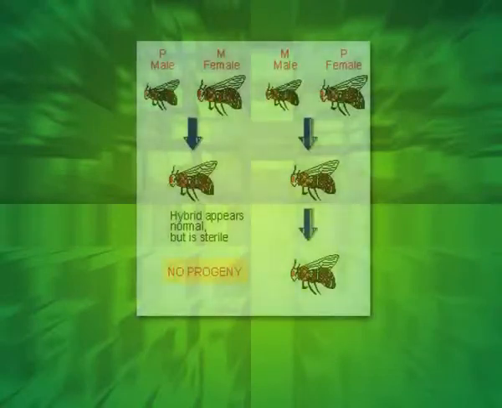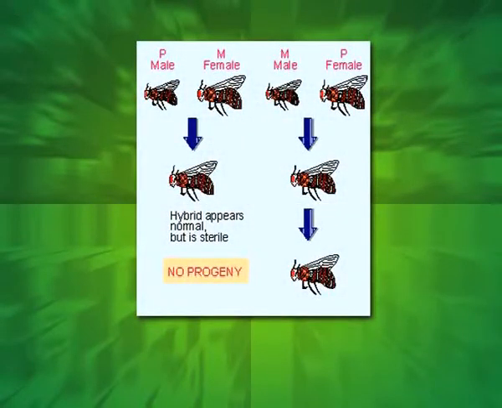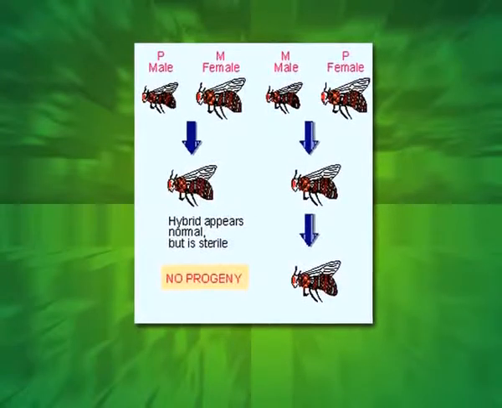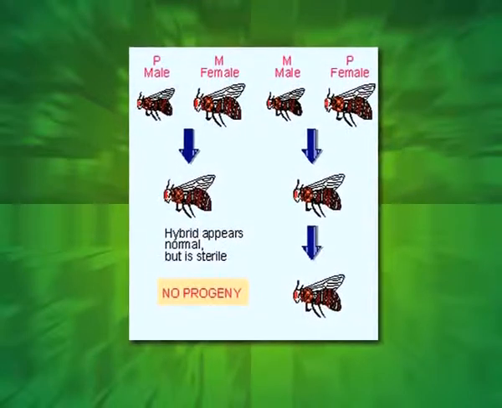The syndrome is usually seen only in the progeny of males with autonomous P elements and females that lack P elements. These two kinds of strains are called P and M because they contribute paternally and maternally respectively to hybrid dysgenesis.